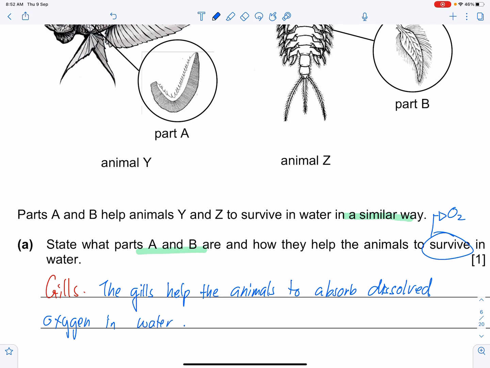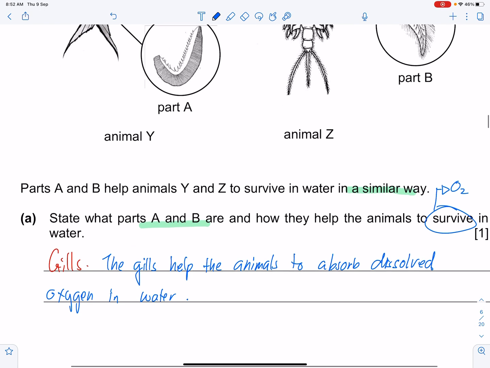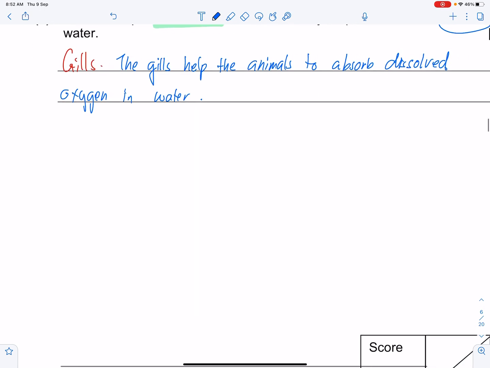Okay? So, once again, it looks scary, this question, but it's actually very simple. Next.